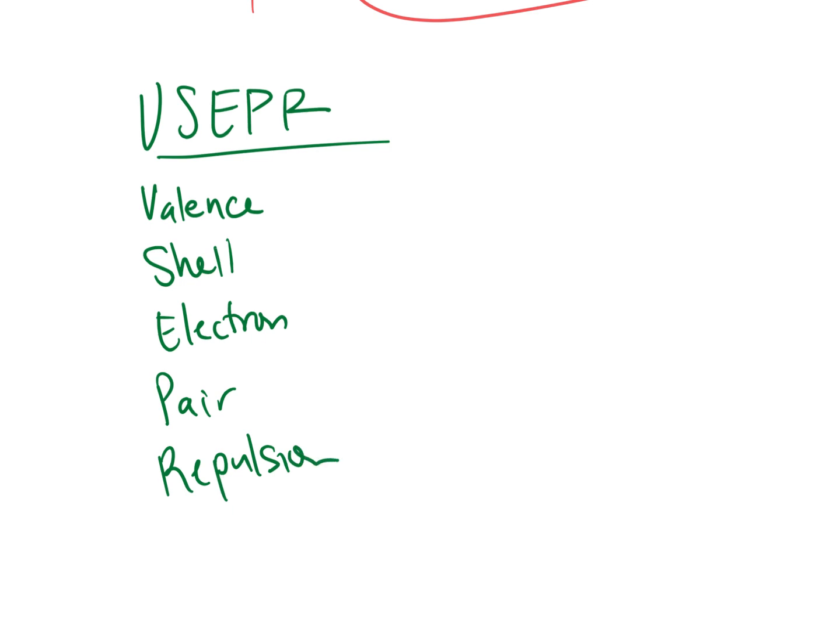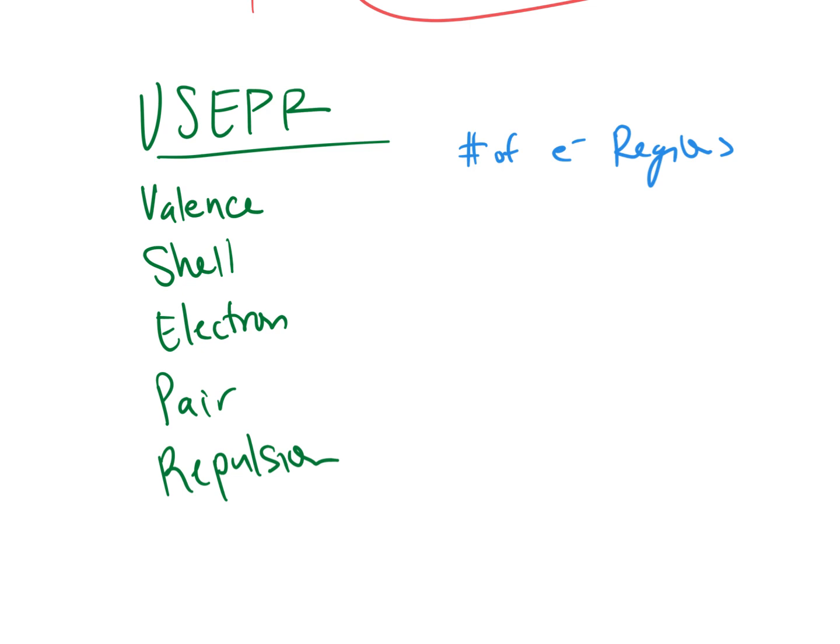The electron pairs repel each other. Make sense? So the first thing we need to know is the number of electron regions in our molecule, or in our compound.